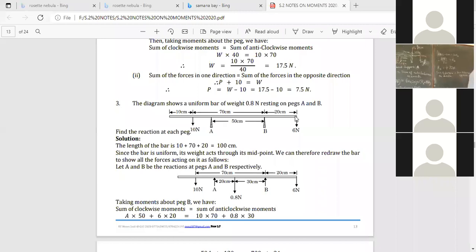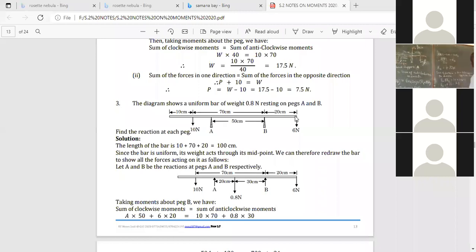So I'll have my RA plus my RB, RB is equal to 10 plus 0.8 plus 6. So this will be RA plus 4.72 is equal to 16.8.